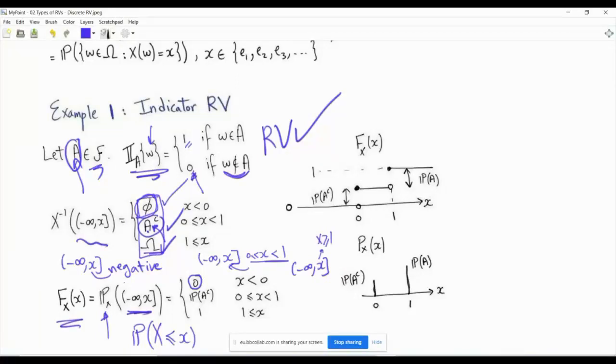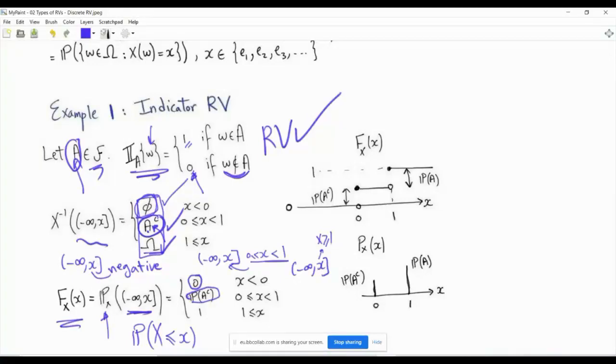Now, if x is equal to 0, or a positive number but less than 1, then what is the pre-image? We just did it. The pre-image is a complement. And so what is the probability of a complement? It is some probability. We know it is well defined. Why is it well defined?